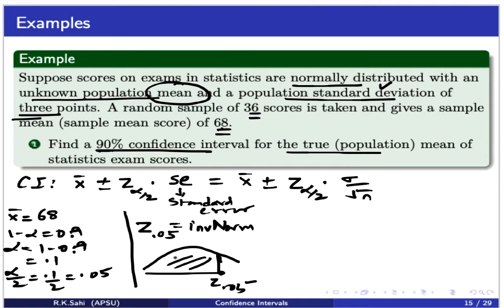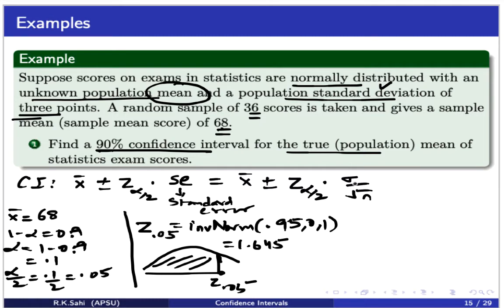That means the area behind this is 1 minus 0.05. So it is going to be 0.975, no, 0.95 if I'm right. Yeah, it's 0.95, not 0.975, sorry guys. And 0 and 1. And what do we get the value to be? We get it to be 1.645. Okay, so we got the Z.